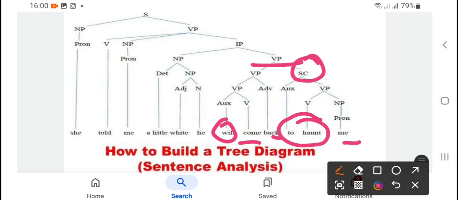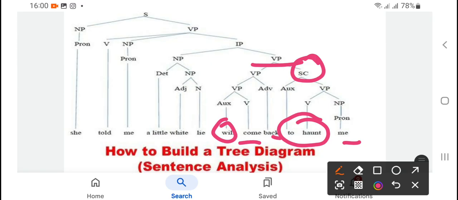Then this is called subjective complement, because these are complement or extra words which are extending the idea to haunt me, right? So to haunt is called gerundial form or infinitive, right?